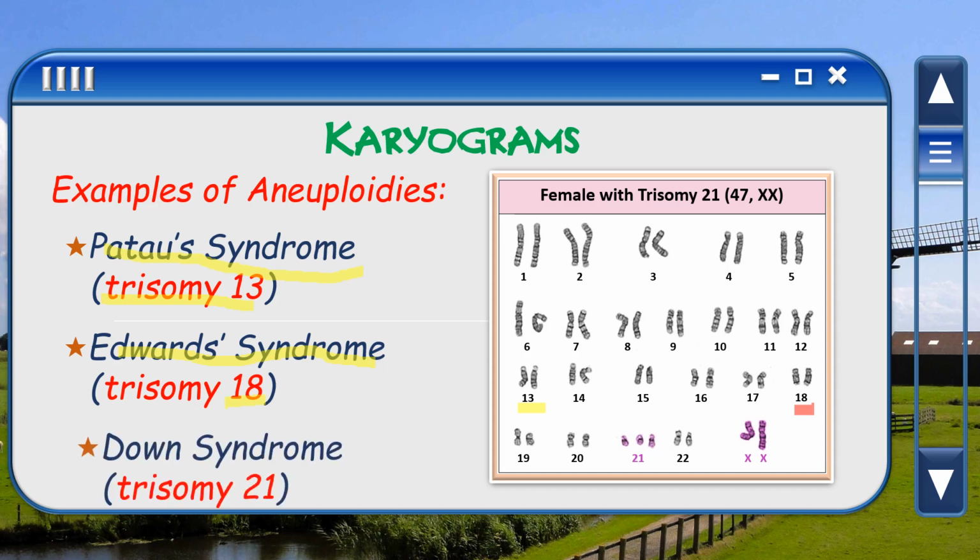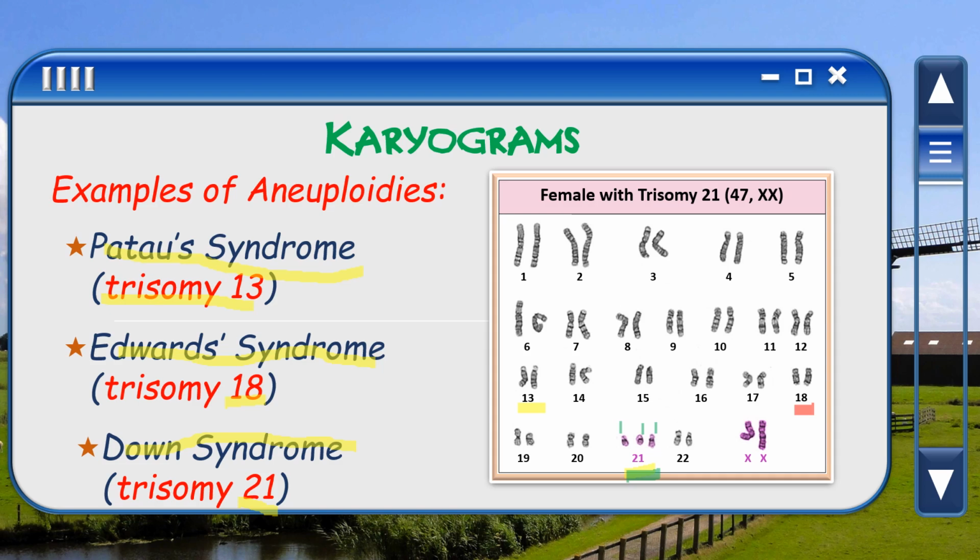Then we have Down syndrome, which occurs on chromosome 21. If you look here at 21, we have 3 chromosomes: 1, 2, and 3. So we have a trisomy.